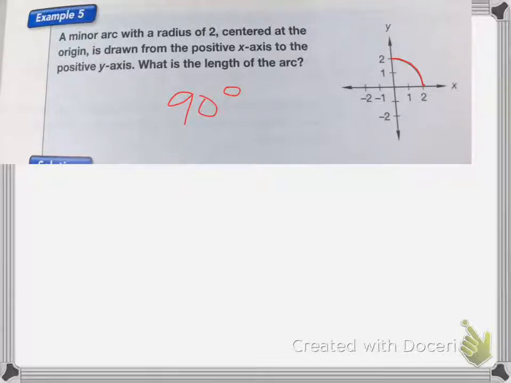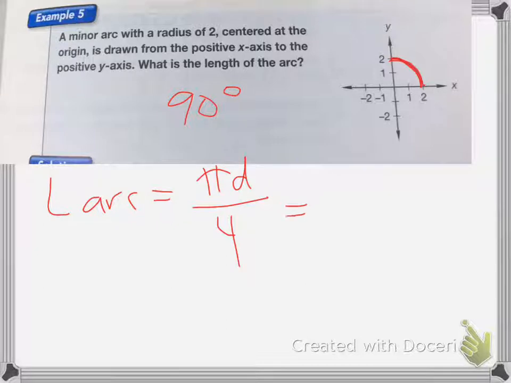The length of the arc is 1/4 of the circumference of a circle with a radius of 2 and a diameter of 4. So the length of that arc has to equal pi times diameter, which is circumference, divided by 4, because it's 1/4 of an entire circle.